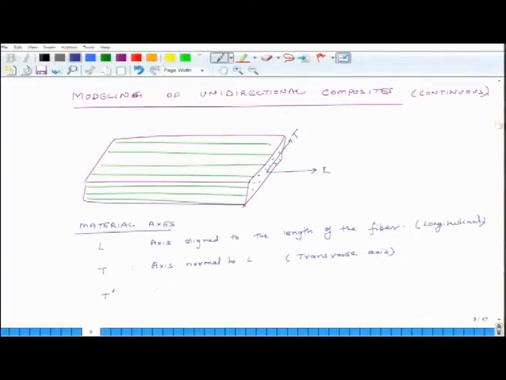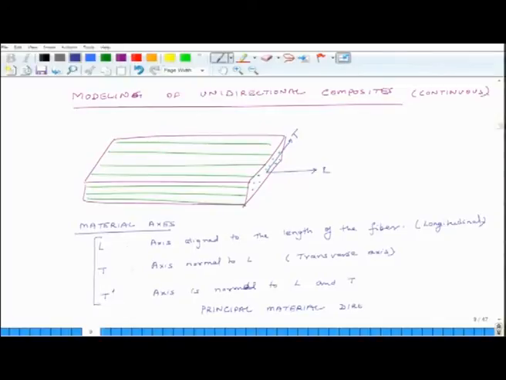So, this axis is normal to L and T. These are material axes, and we also call them principal material directions.